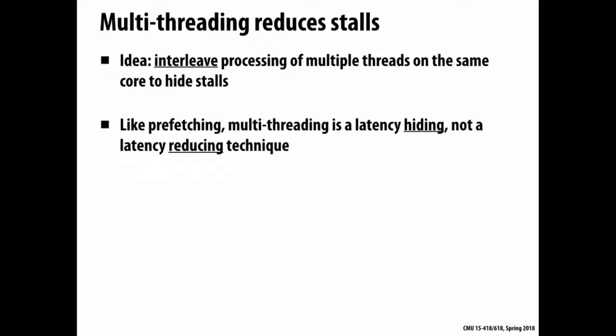So what if there happened to be some other instructions from another thread that I could execute at the same time? While I'm waiting for the read from one, why don't I execute a few instructions from the other? And so that's what we'll call multi-threading, where we're interleaving the processing of independent threads of execution on a single core.